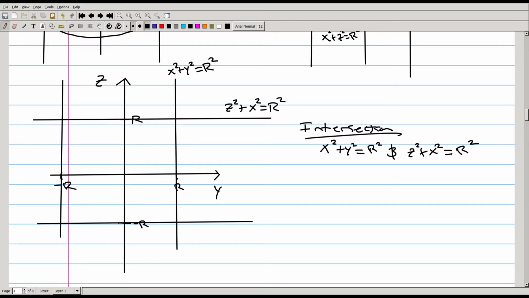So if I take the second equation and subtract the first equation from it, you get z squared minus y squared is equal to 0, or the absolute value of z is equal to the absolute value of y.